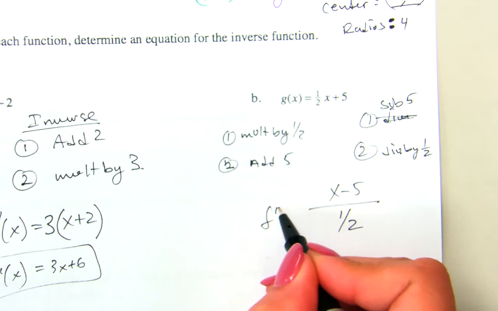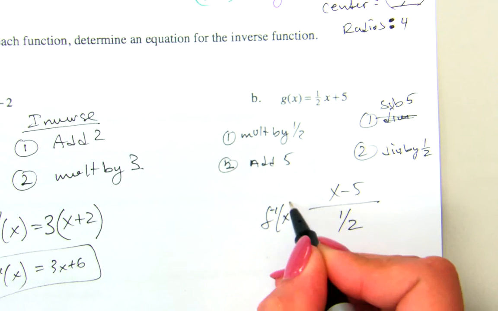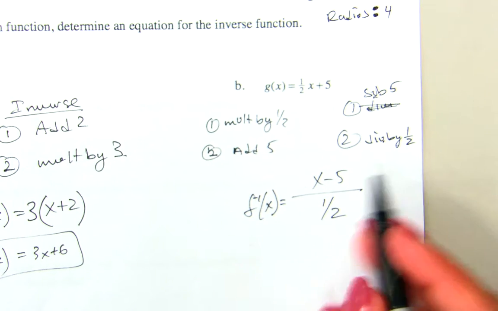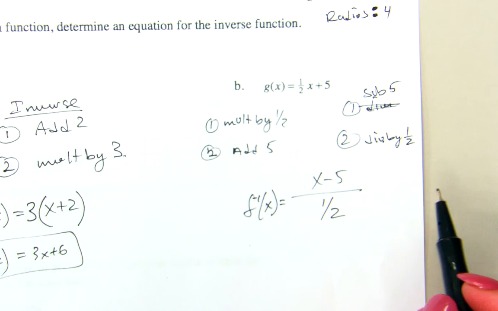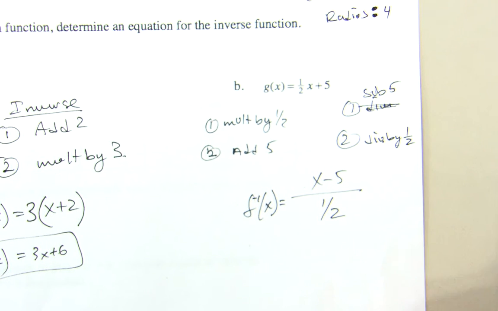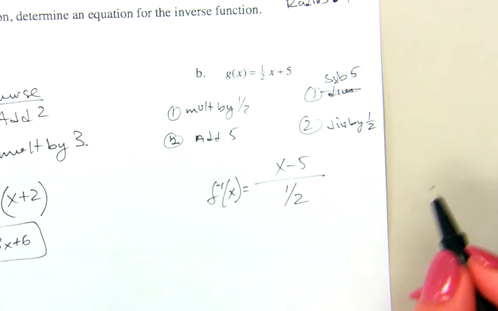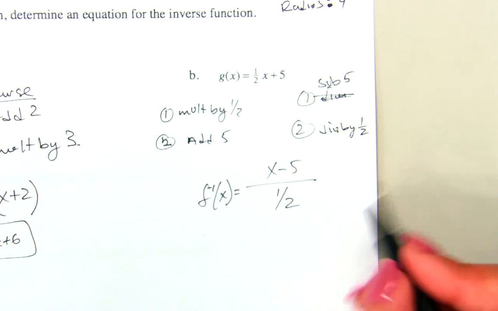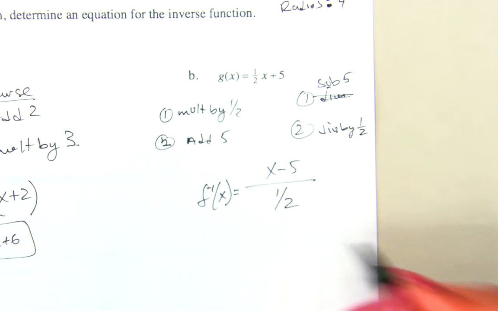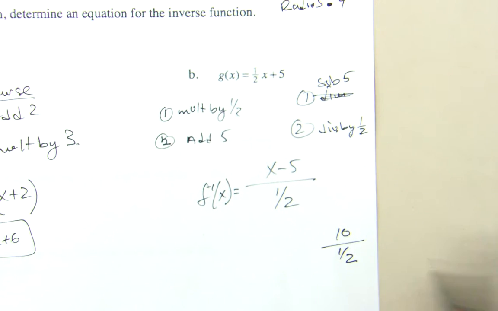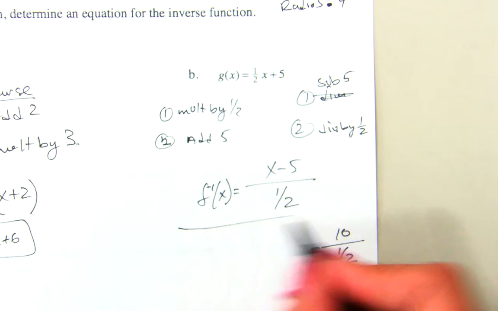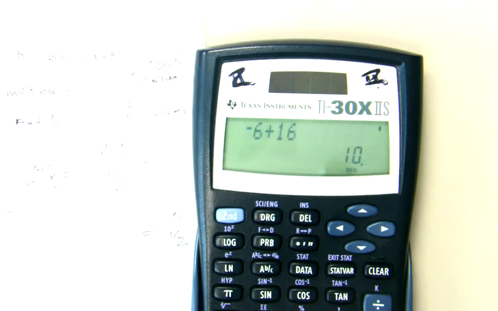Well, that does indeed look different than what you're used to. So dividing by 1/2 is technically like multiplying by 2. If you're not sure why that is the case, you could try it. 10 divided by a half, you could try it yourself with a calculator.